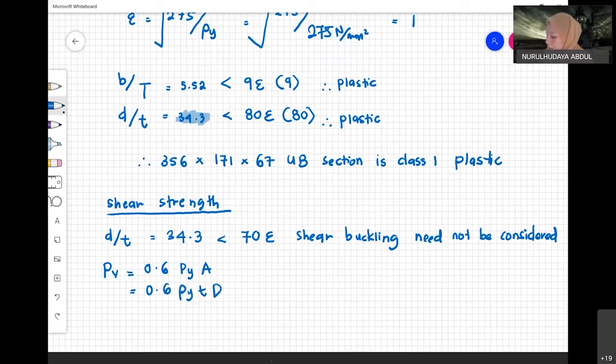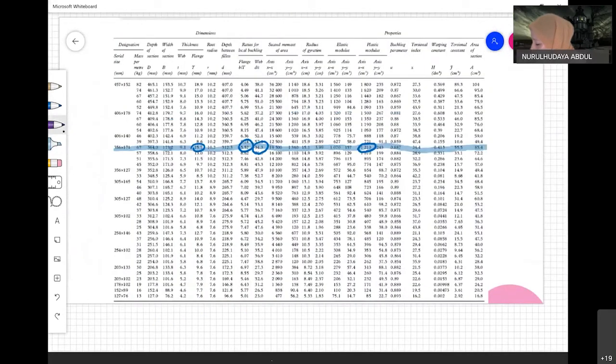Okay, sebab A ni TD, 0.6 times 275, and we just darab dengan T and D. This is shear capacity, ikut beam section, so apa-apa kita kena refer pada table. So mana value T 9.1 and then the value of D is 364.